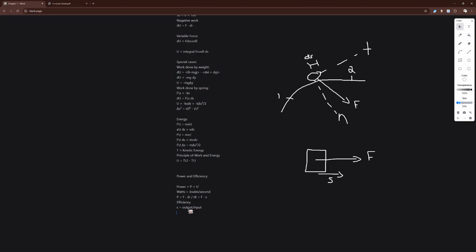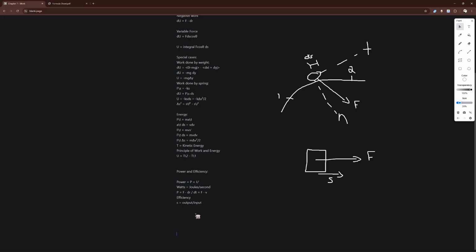And output specifically is useful output, so the output that can actually be used. If you can't use it, there's no point to it. So this value is always less than 1. It can be 0 because you have no output, but it's never equal to 1. And why is that?